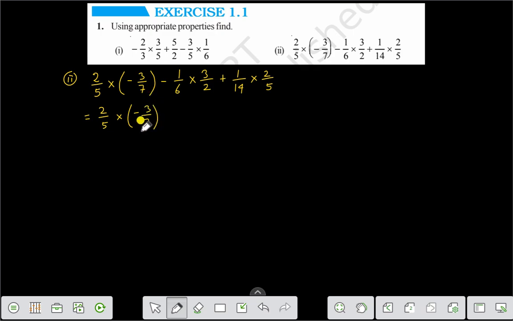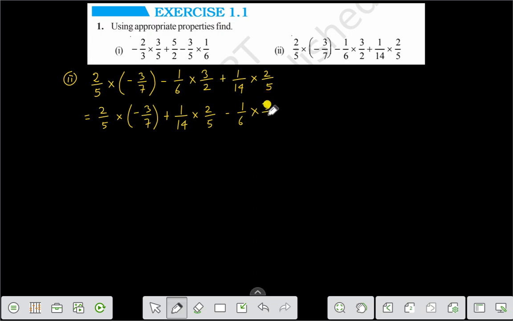After that we can write plus 1 by 14 into 2 by 5, minus 1 by 6 into 3 by 2.